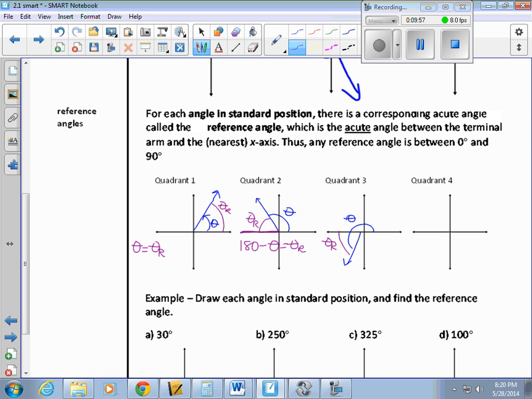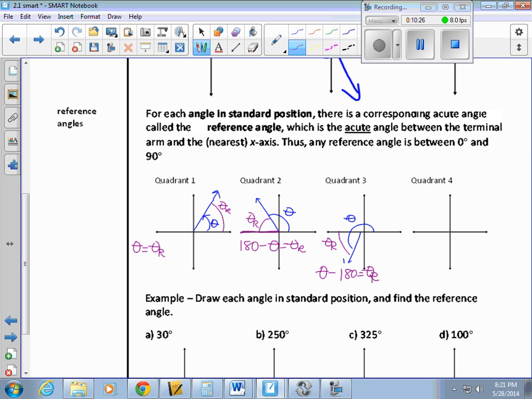To calculate that, you'd use 180 minus, I want to make sure I put that the right way. Sorry, it should be the other way. It's your angle, theta, minus 180 degrees that will give you your reference angle.